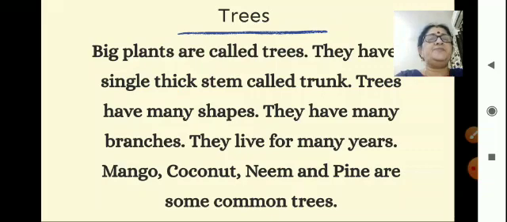Trees. Big plants are called trees. They have a single thick stem called trunk. Trees have many shapes. They have many branches. They live for many years.